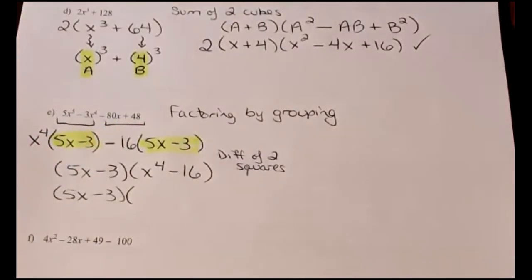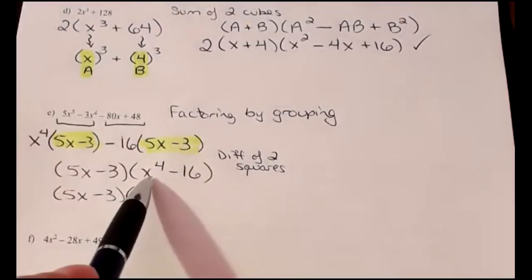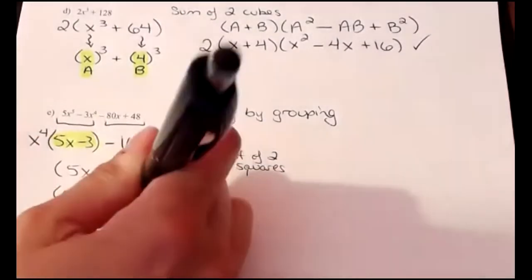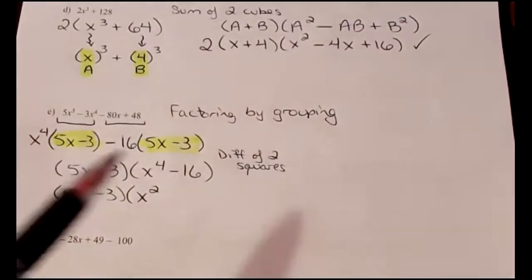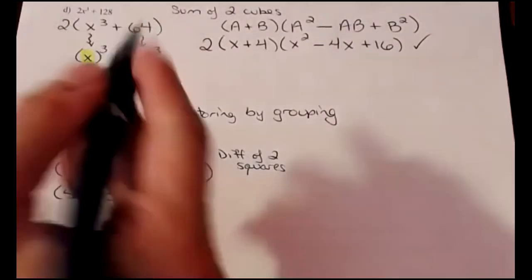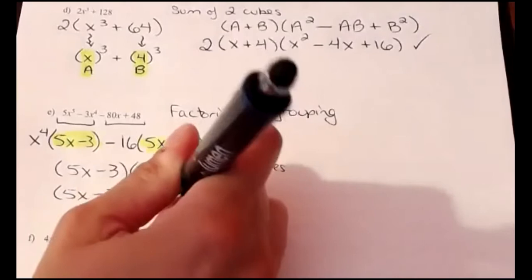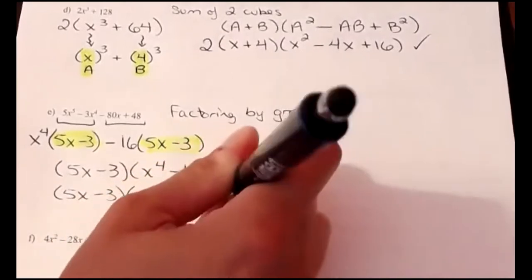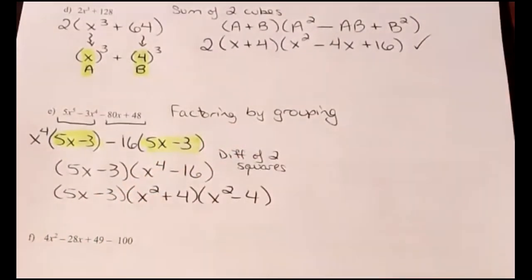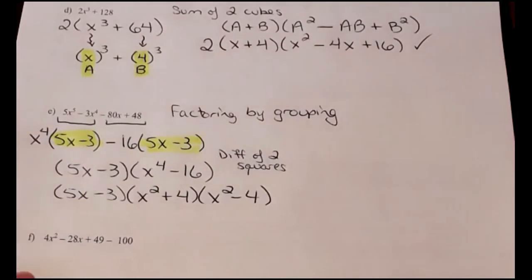And then I know that if I want to break down x to the 4th minus 16 into squares, I understand that x squared times x squared gives us x to the 4th. And that also means that 4 times 4 gives us 16. So we have x squared plus 4 and then x squared minus 4. There's your difference of 2 squares.